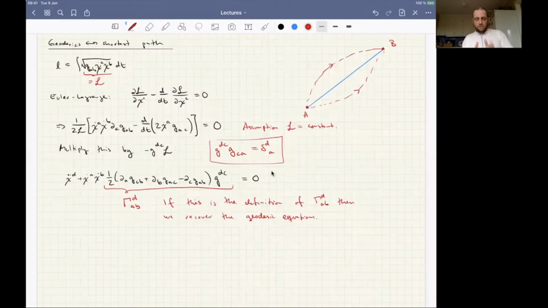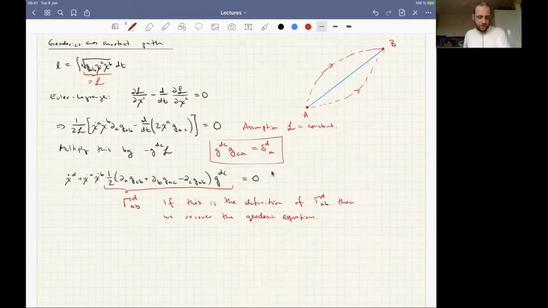If we define our gammas to be this, then we have the exact correspondence to what we have in Euclidean space, that the shortest path between two points is also the path along which the tangent vector does not change.